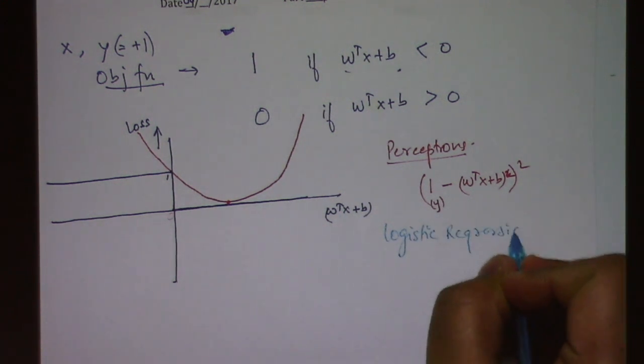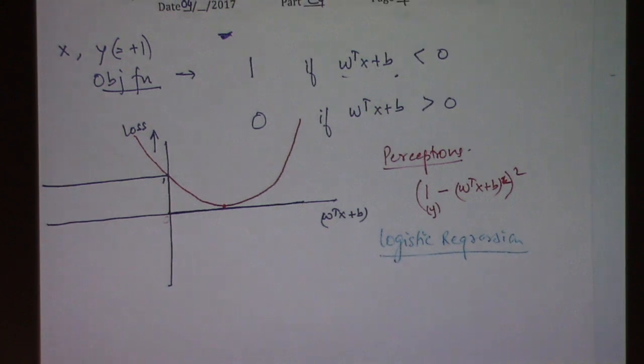So of course, when we discuss logistic regression, we never looked at it as a loss function. We always looked at it as maximizing the likelihood, right? But you can flip it around and you can write the loss function as well. And what you will see there is that it looks very much like a log curve.